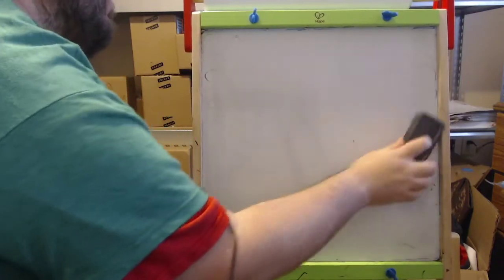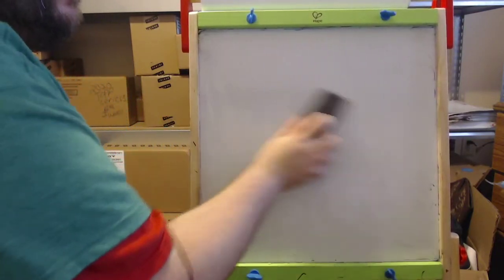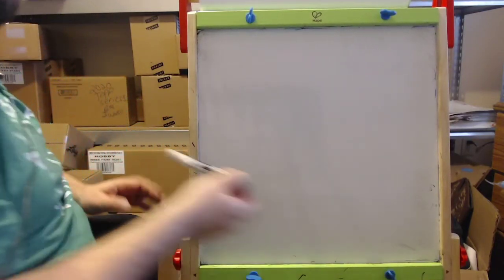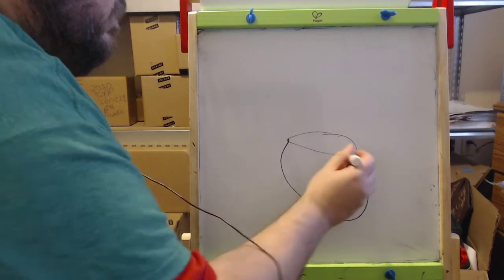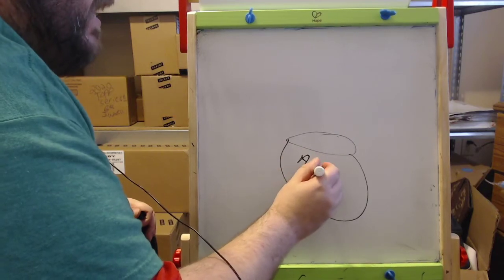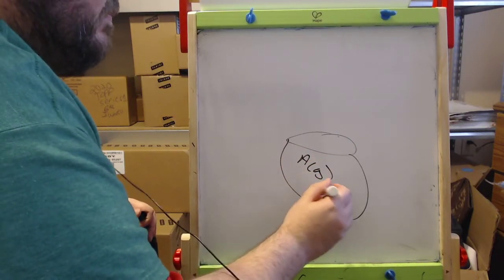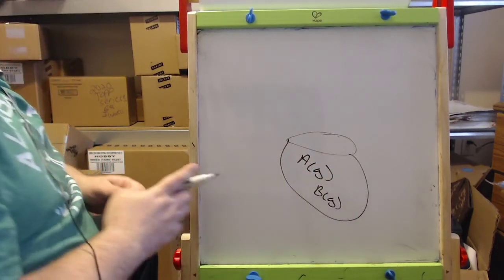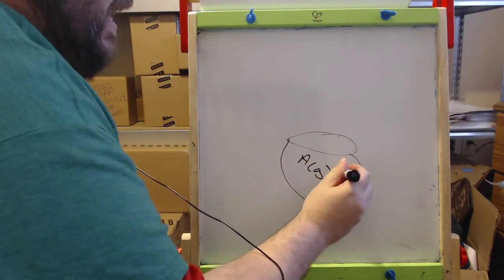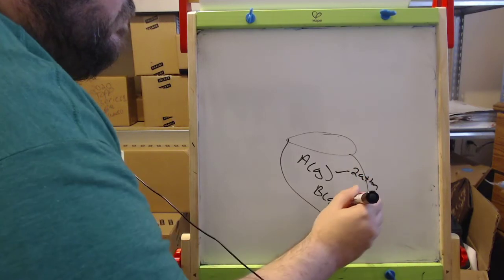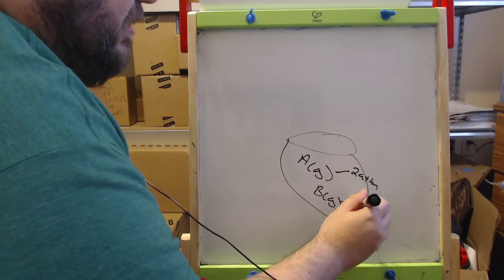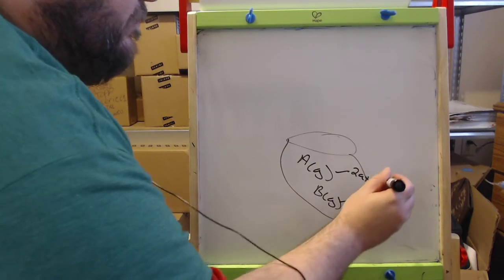One more thing. Dalton's law of partial pressures. Very simple to understand. I have a container. Inside the container is A gas and B gas. A gas is exerting a pressure of 2 atms. B gas is exerting a pressure of 1 atm.